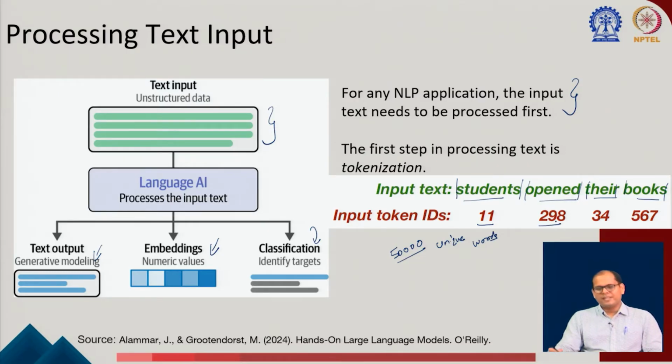Opened occurs at the 298th position, so it has that ID. Then you will do processing based on this ID: you will give a representation based on this ID, and you will feed it to any neural model based on this ID. So the first step is finding these tokens. Once you have the tokens, you can find your unique set of tokens, which gives your vocabulary, give an ID to each, and do further processing.